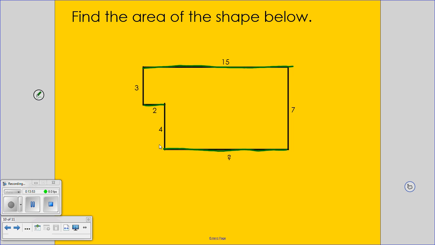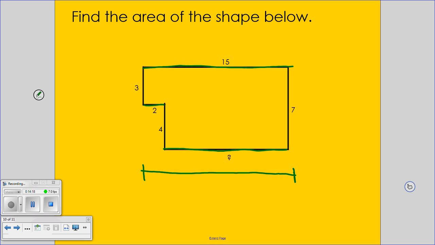Am I going to draw my next line vertical? No. Don't make it harder on your brain. The point of moving the line is to help our brain. I need to take that big chunk, that big 15, and move it down to the bottom.